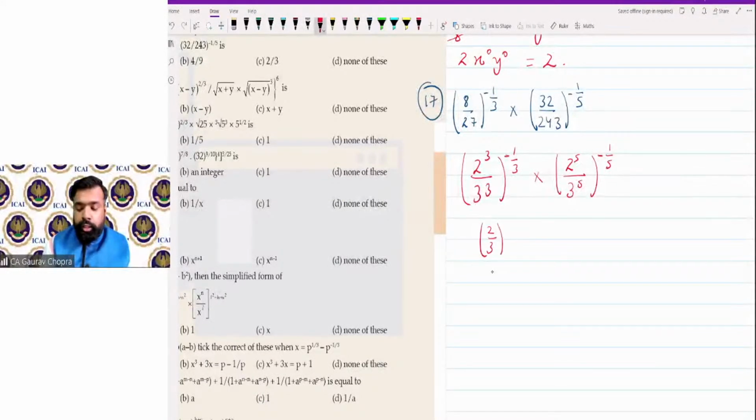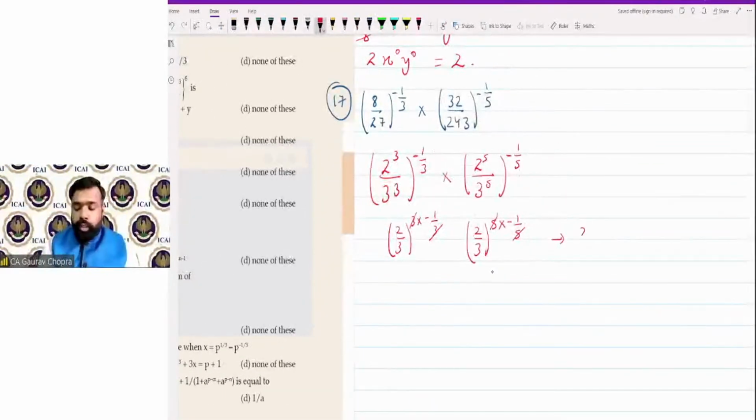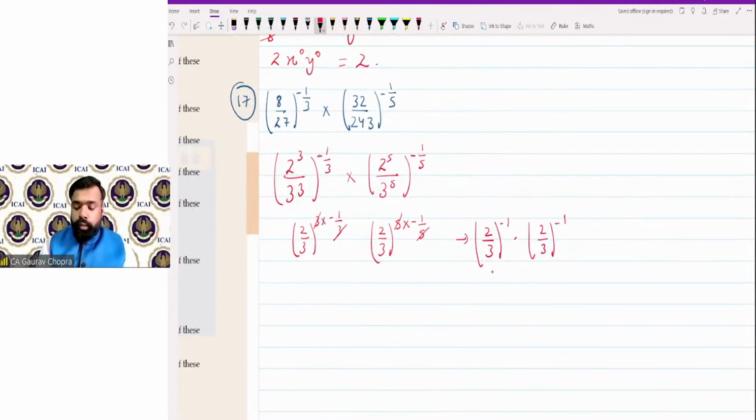So 2 by 3 power 3 into minus 1 by 3. 3 is getting cancelled. Similarly, 2 by 3 power 5 is common and then 5 is getting cancelled. So we are left with 2 by 3 to the power of minus 1 multiplied by 2 by 3 to the power of minus 1 again.